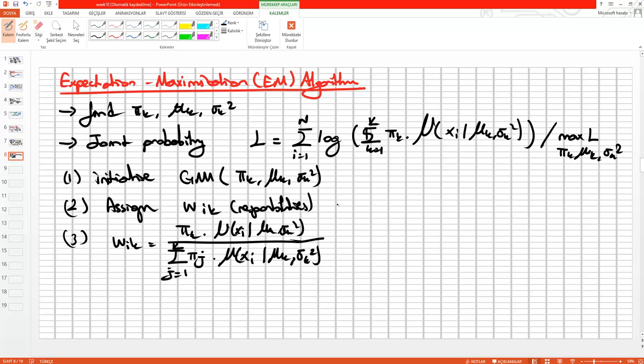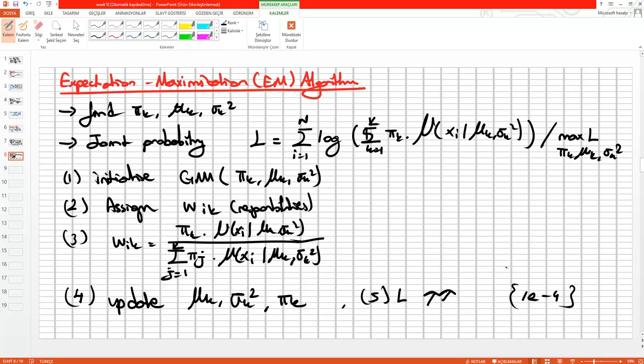Okay? And so in each maximization step, we use these terms and update mu k, sigma square k, and pk. Okay? And we check whether L is maximized, until, for example, 1e minus 4 is the maximization rate in this case.